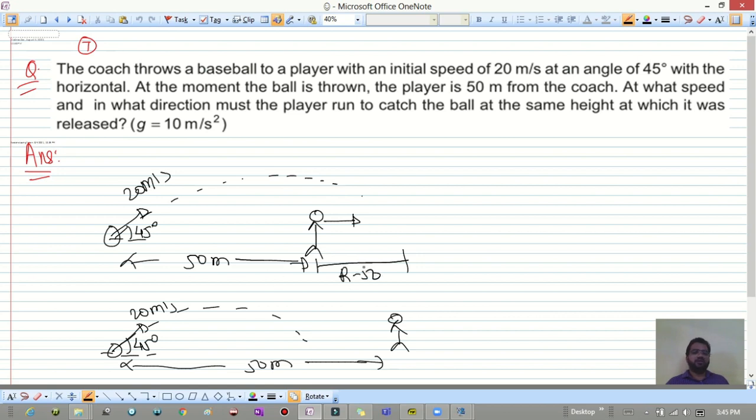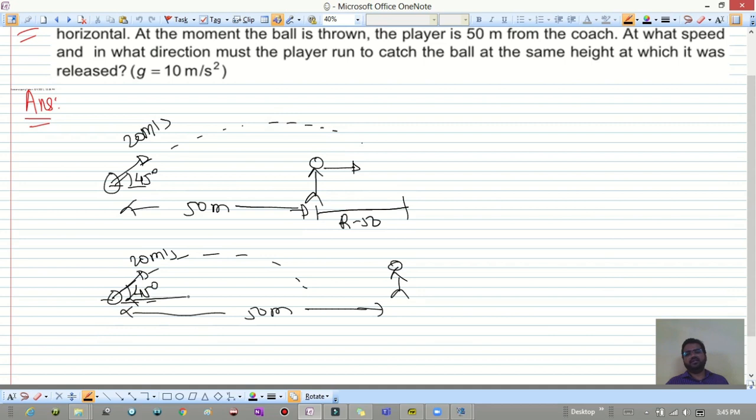If the range is lesser than 50, then this distance is 50 minus R. So he has to travel away from the coach, and the time is the distance R minus 50 divided by the speed v.